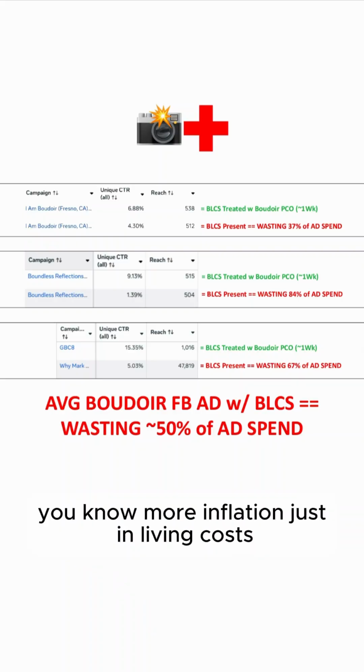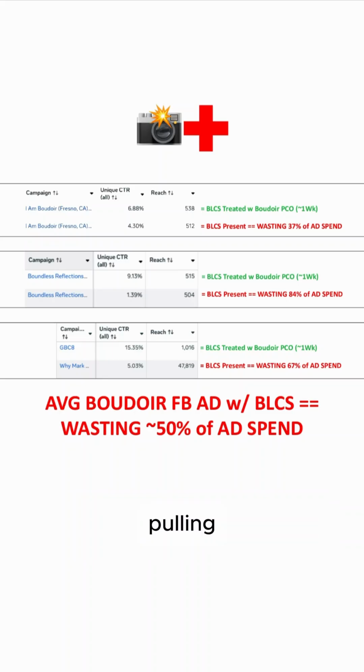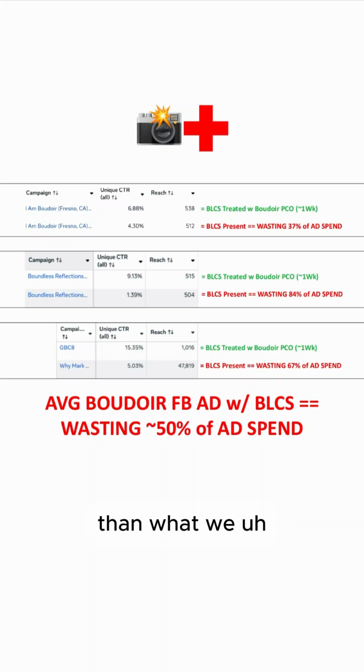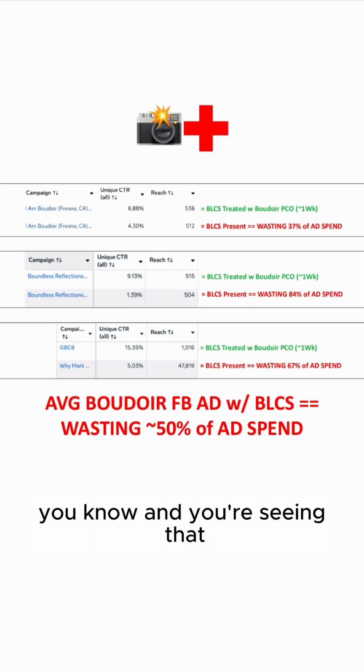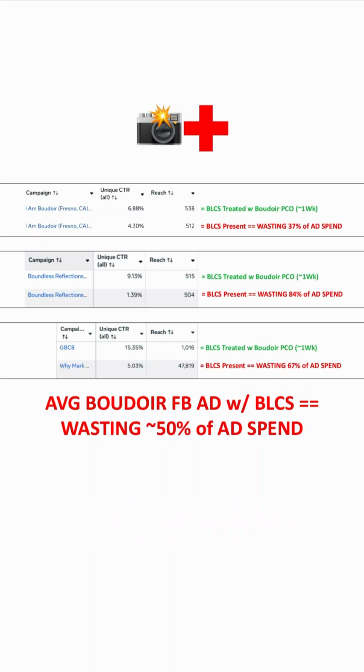You're seeing more inflation in cost of living, and you're optimizing, pulling more money out of the other parts of your business. And you're seeing that since you spend more than 10 grand a month on boudoir Facebook ads, we can eliminate approximately 5K of that per month, put that back in your pocket, you no longer have to spend it.